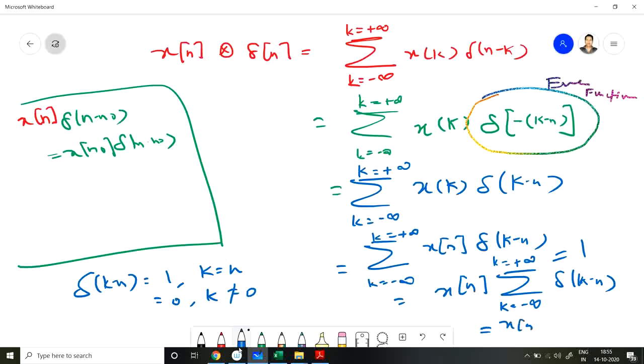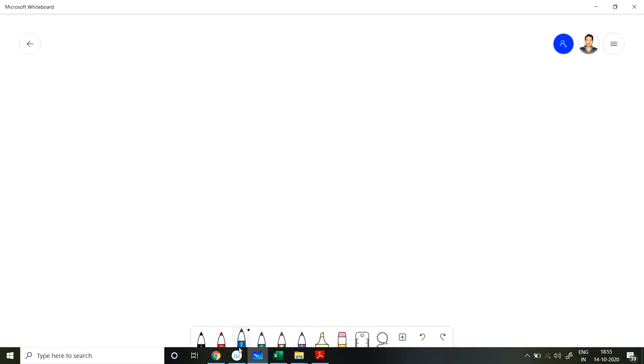So we have x[n] multiplied by 1, it is equal to x[n]. So we have proved part 1a.